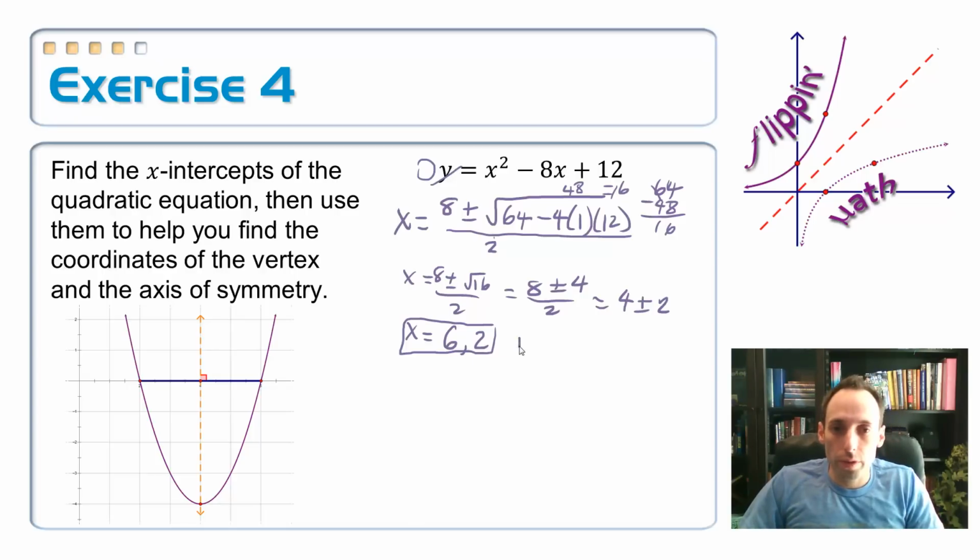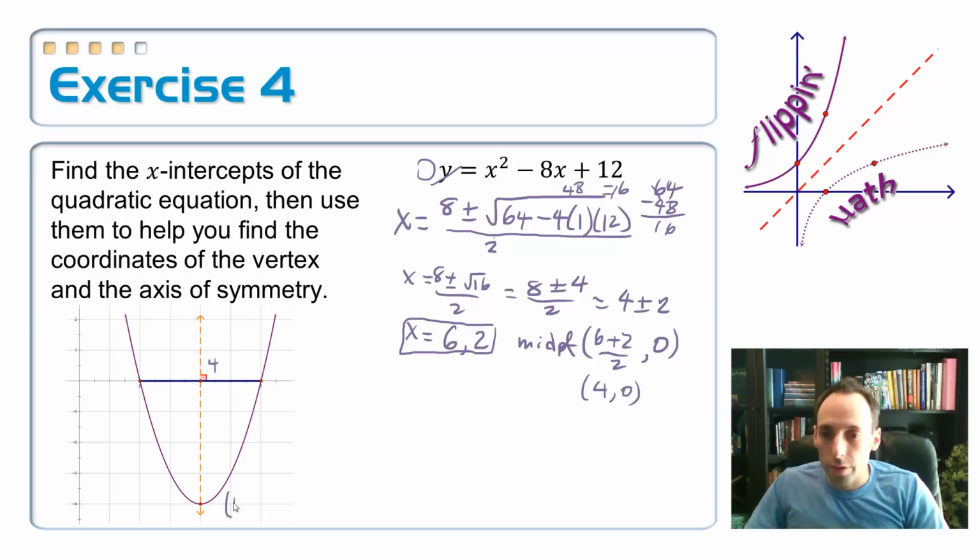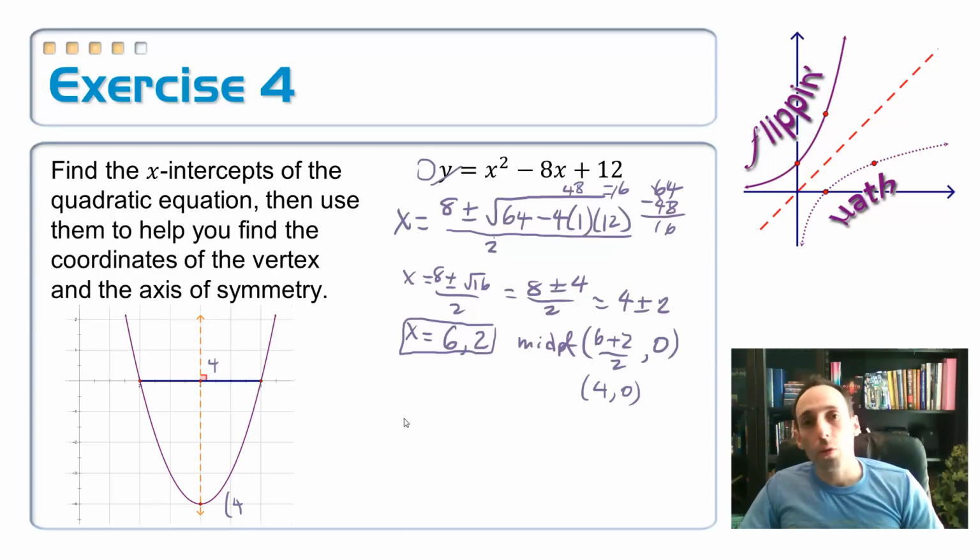So the midpoint is 6 plus 2 over 2, and then it'll just be comma 0, right? So this is 8 over 2 is 4, 0. So this point right there is a 4, and on the vertex, it's also a 4. How do I get the y coordinate?